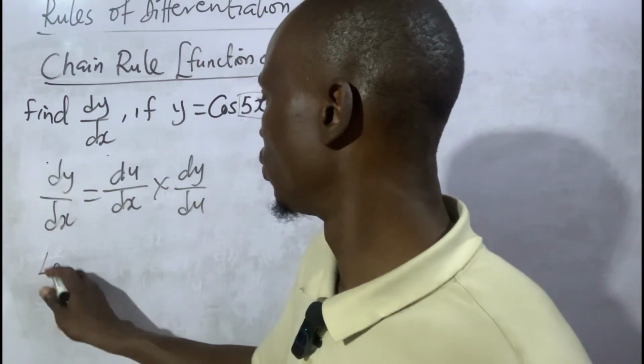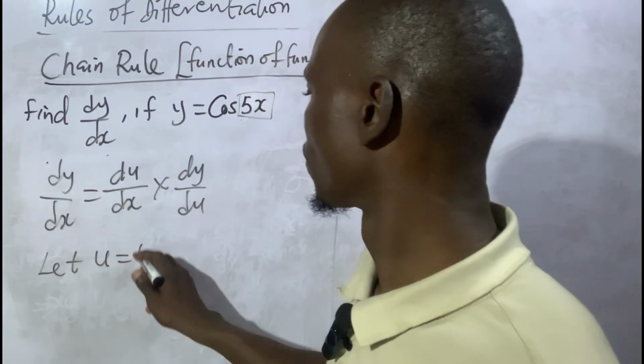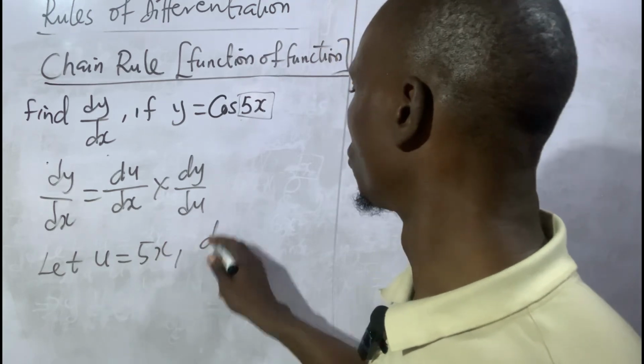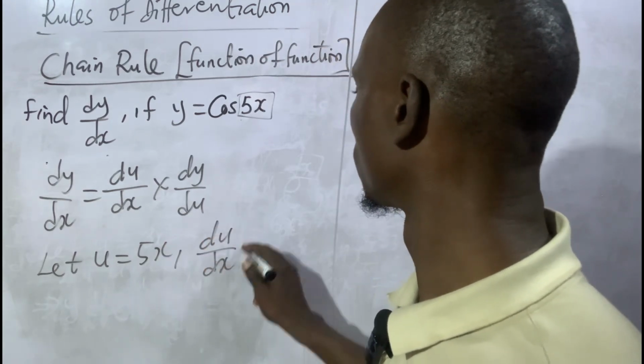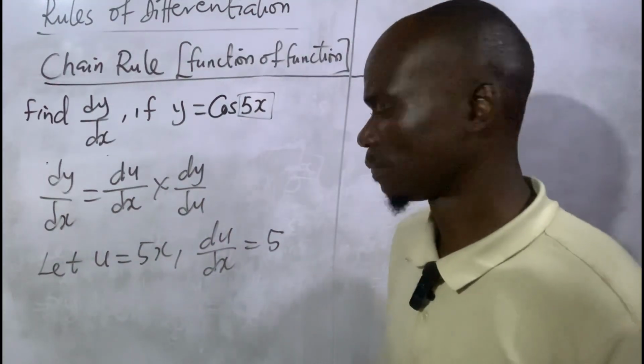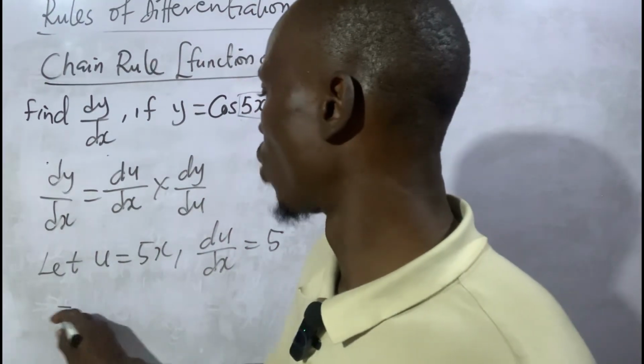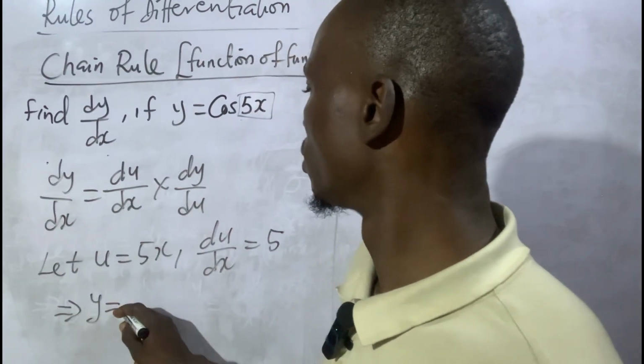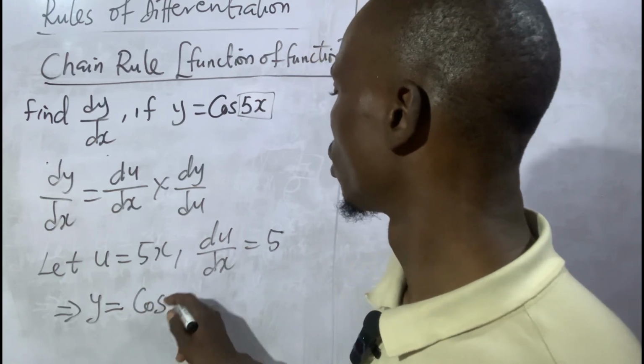So let u be the chain. Differentiate the chain. Remember, ax will give us a.